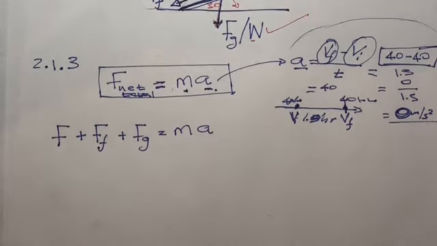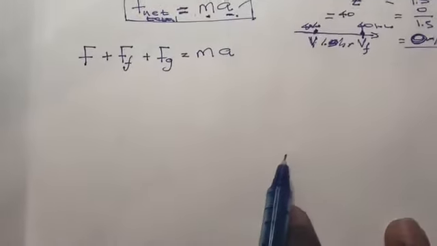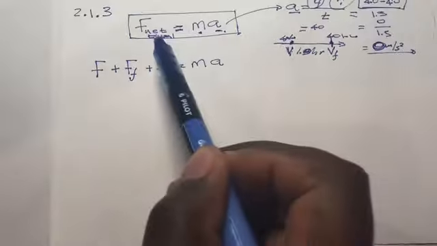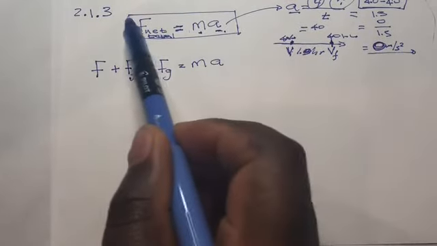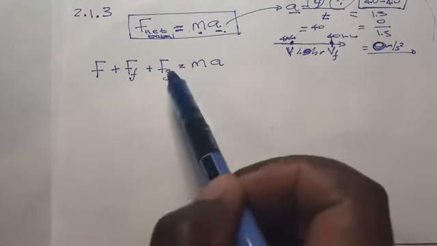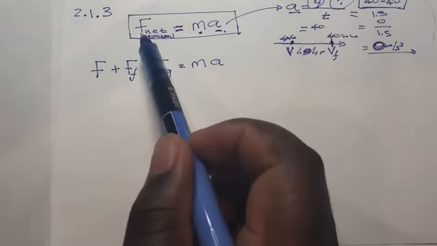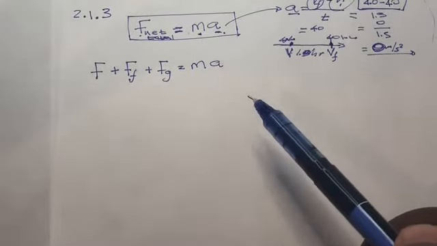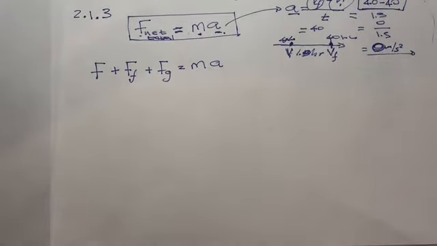So I'm not sure if so far we're still together, guys. I haven't actually gone deep into answering the question. I've just been explaining that formula, and what I've just done now is expand that F net. So the F net is equal to all the forces acting on an object which is given in the statement.